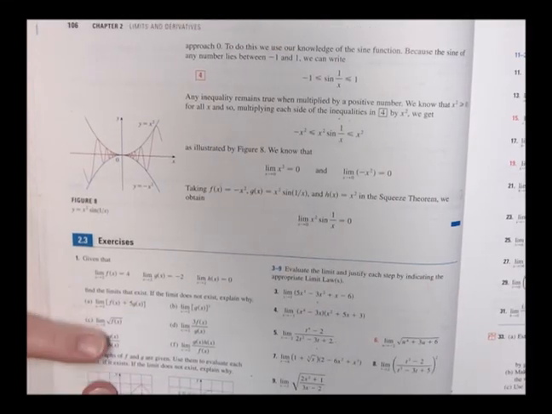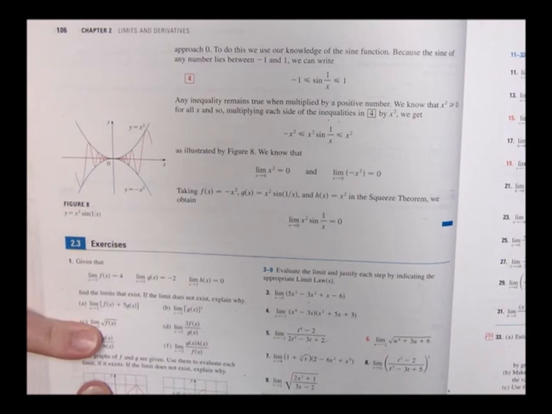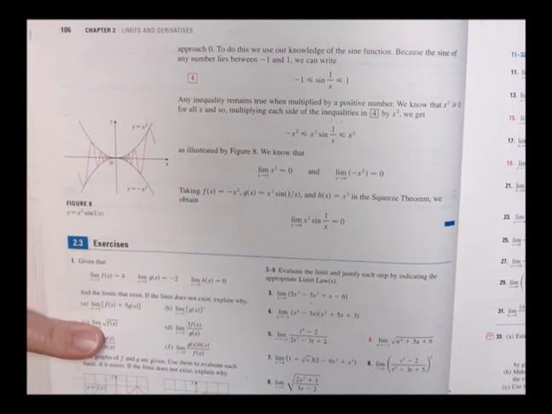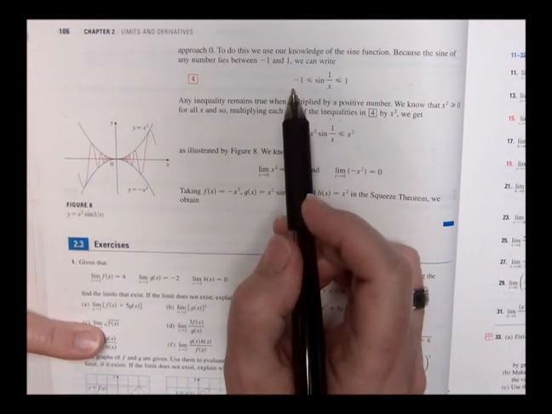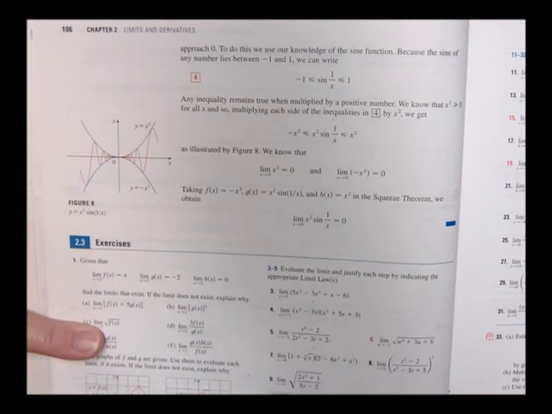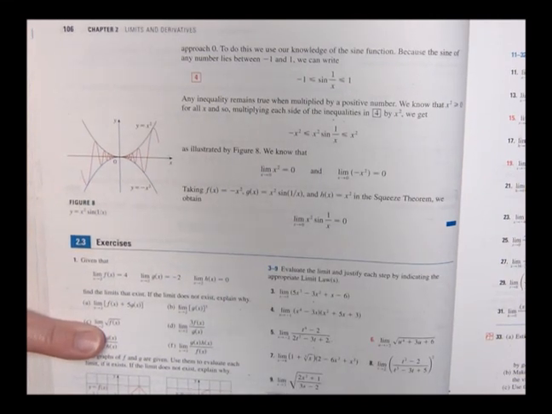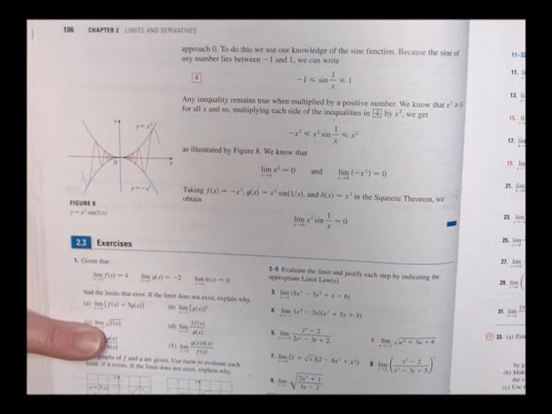Okay, we know that the sine of any number lies between negative 1 and 1. That's our range. And an inequality remains true when multiplied by a positive number.